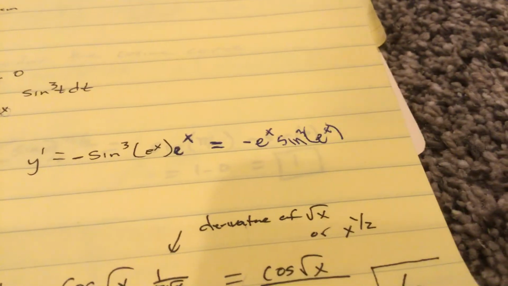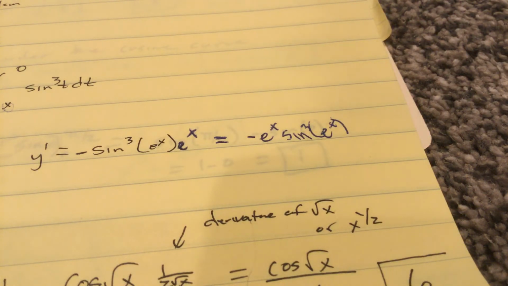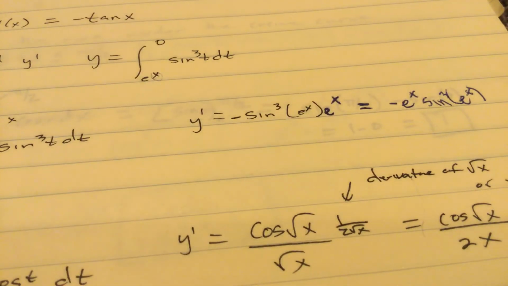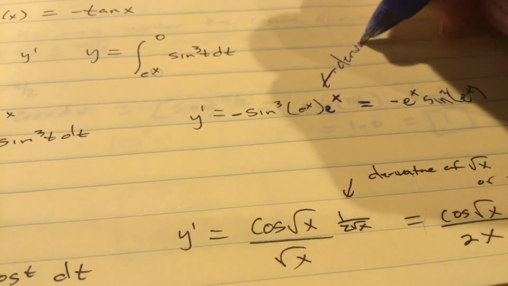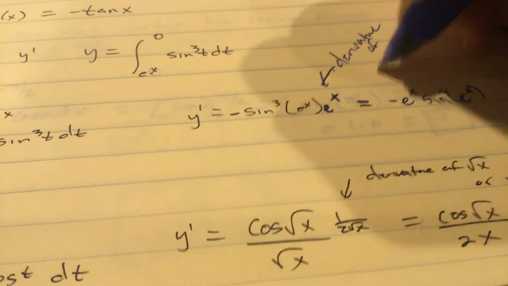All right, my bad. There we go. Again, take the derivative of the upper bound involving x always, which I did not do. Okay, so it should have gone right there. The derivative of e to the x.